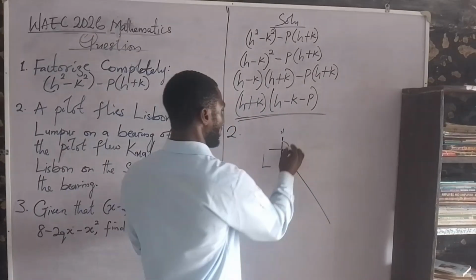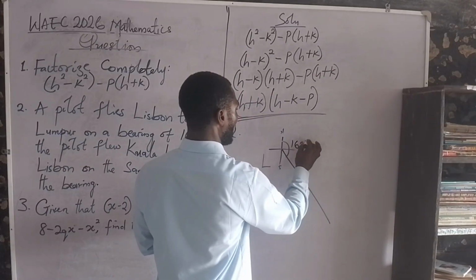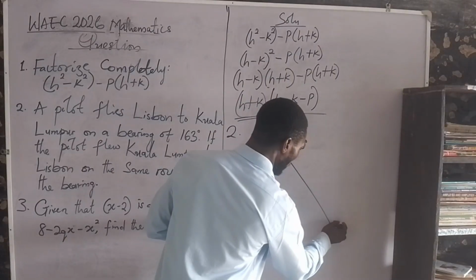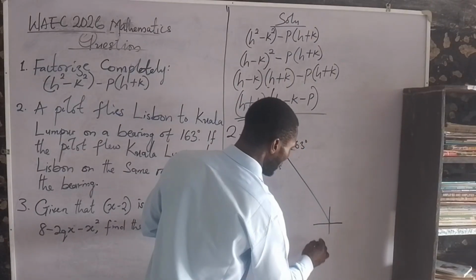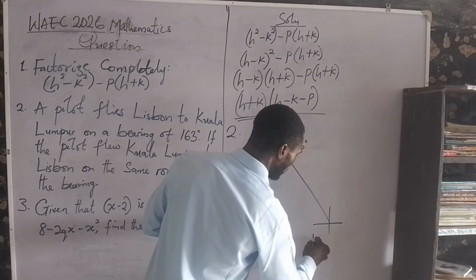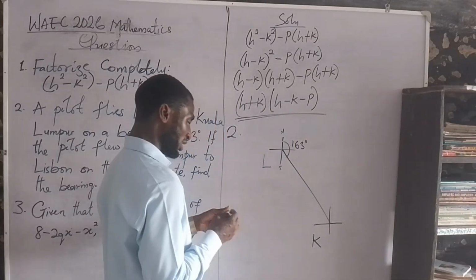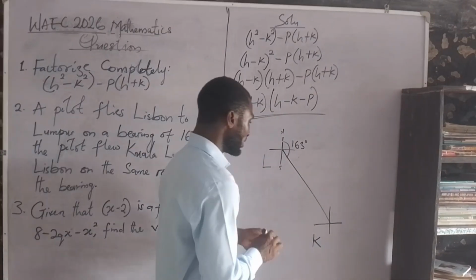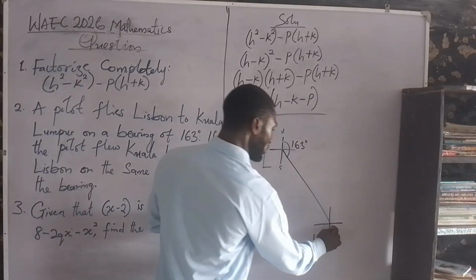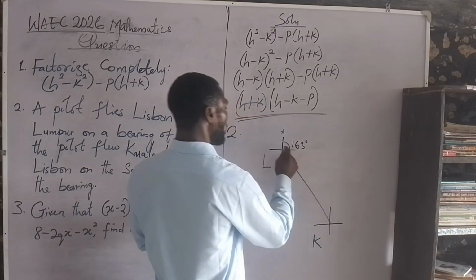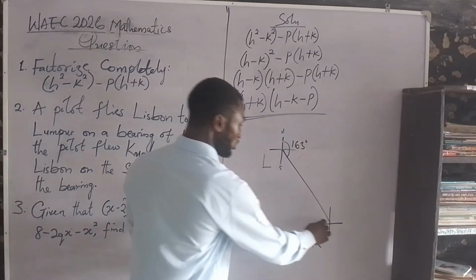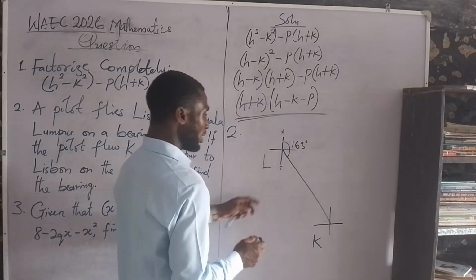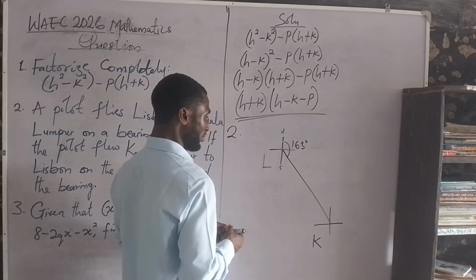This other point becomes our Kuala Lumpur, so we use K to represent that point. Now they said that the same plane returned from Kuala Lumpur back to Lisbon using the same route. Now what is the bearing?